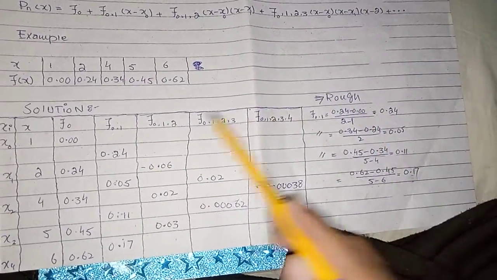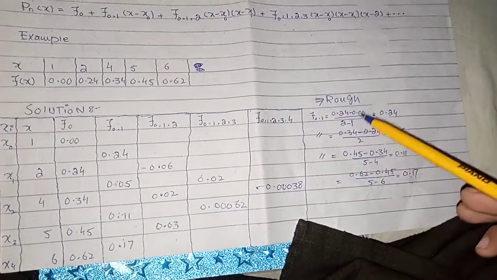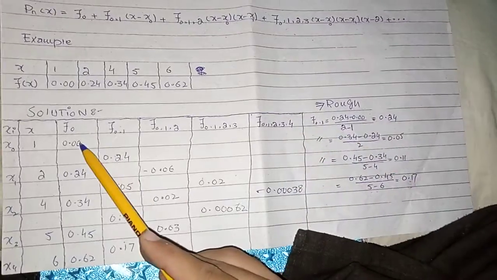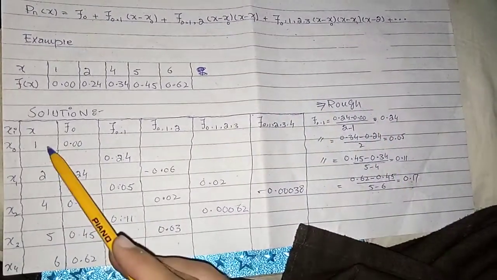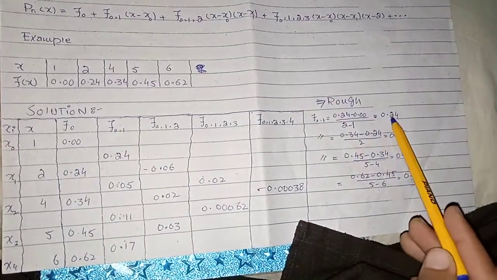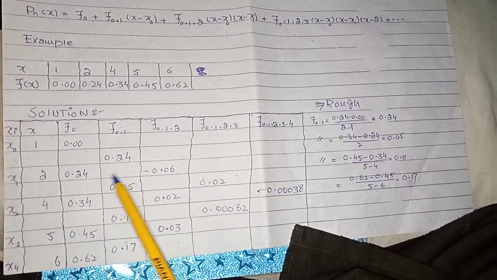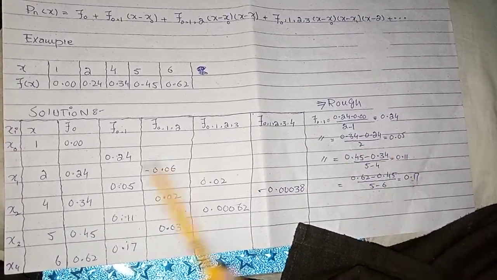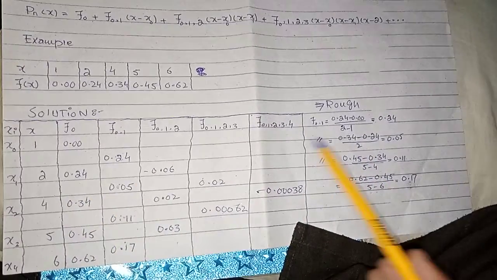I have subtracted this from this one as in the previous method, and I have divided by the difference in x. So I have gotten this value, then I subtracted this from this and got this value, and divided by 4 minus 2, which equals 2.